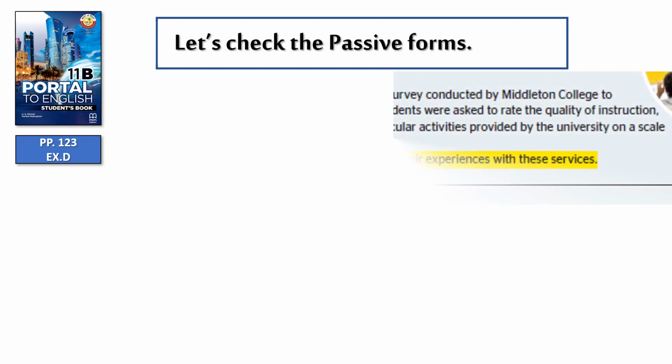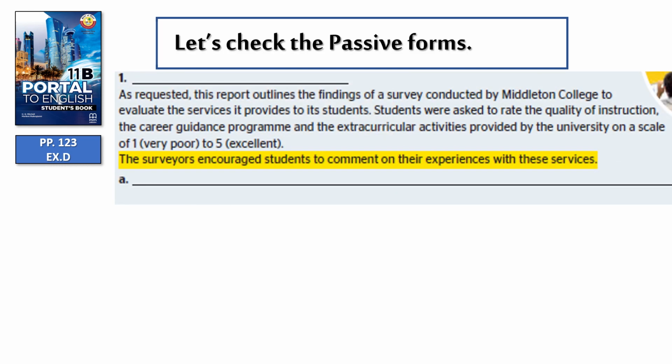My dear students, now let's check the passive forms. Here is the first shaded sentence: The surveyors encouraged students to comment on their experiences with these services. As you know, before changing the sentence into the passive form, we should divide the sentence into the subject, the verb, and the object.